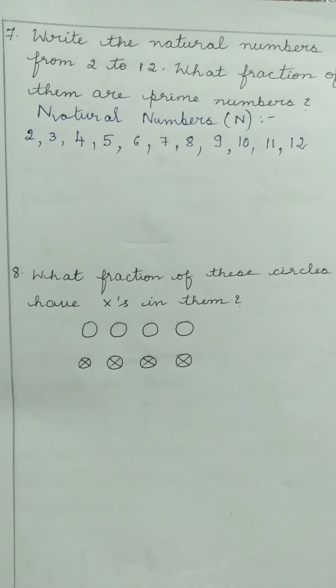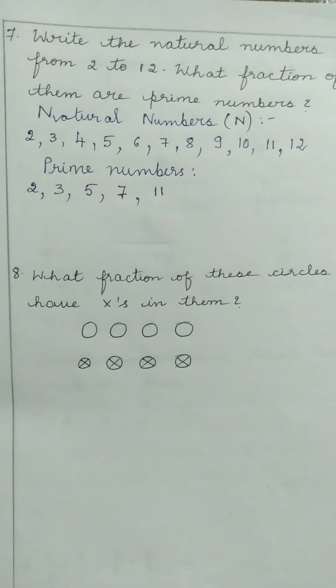Now, out of these natural numbers, we need to find out how many are prime numbers. Prime numbers are the numbers which are divisible by 1 and the same number itself.